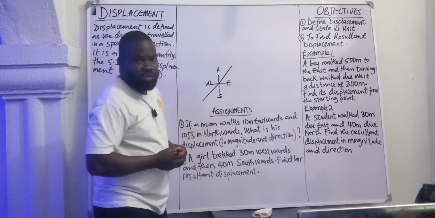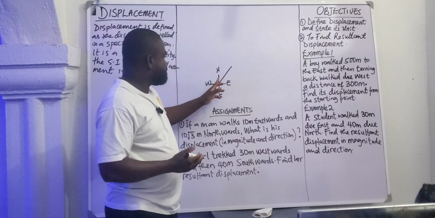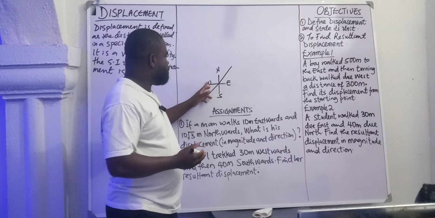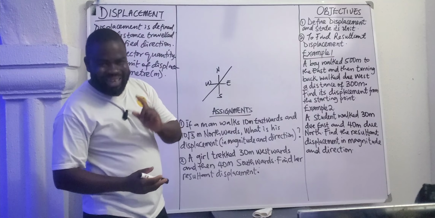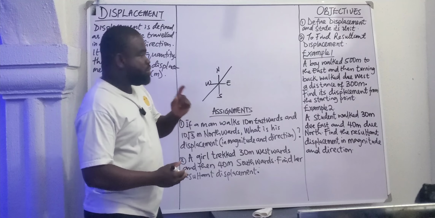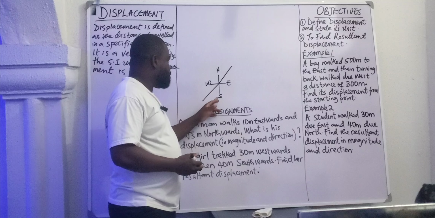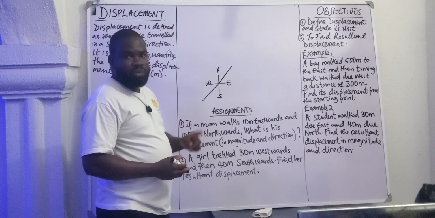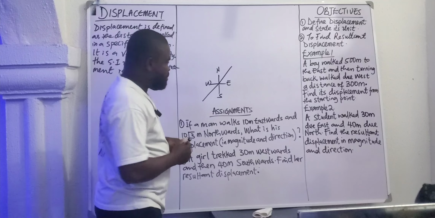And take note, in these 4 cardinal points, north, east, west, south, anytime you want to mention an angle, the angle you will state is always with the north pole or with the south pole. We use it to tell the direction. So we call it compass bearing.